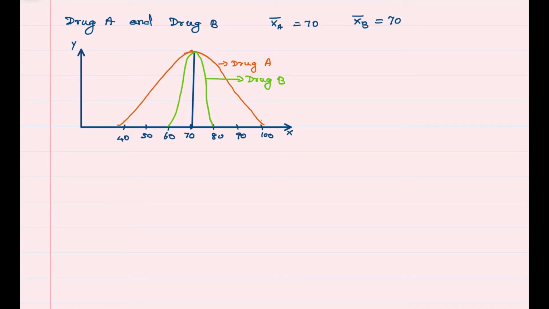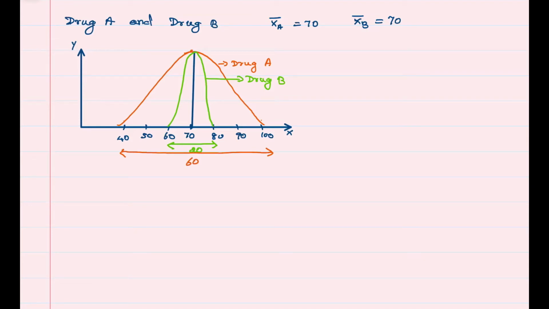So the measure of central tendency for both the drugs is the same, but let us check the measure of dispersion, that is, the measure of variability. Here the range for this drug is 20, 80 minus 60, whereas the range for drug A is 100 minus 40, 60.